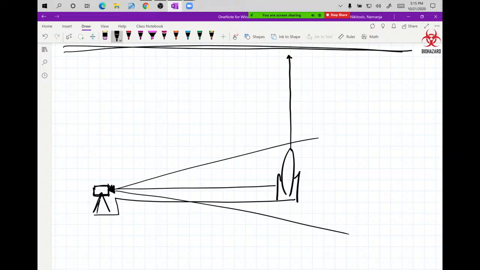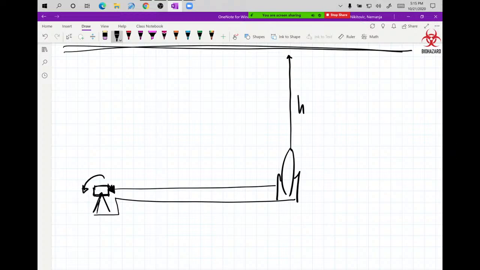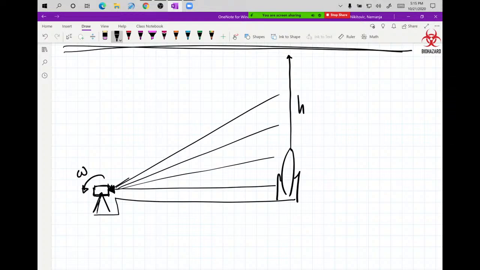I'm just going to make the camera in line with the rocket, and then as the rocket takes off, covering this height h, the camera is supposed to swing with the angular velocity omega so that this middle line keeps following the rocket as the camera swings upward on this hinge right here.